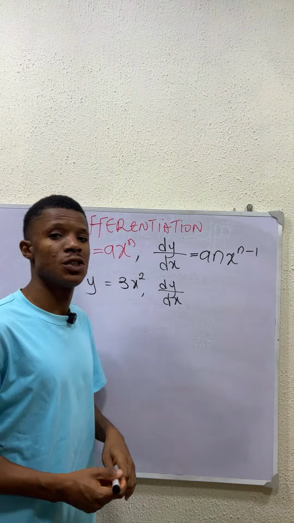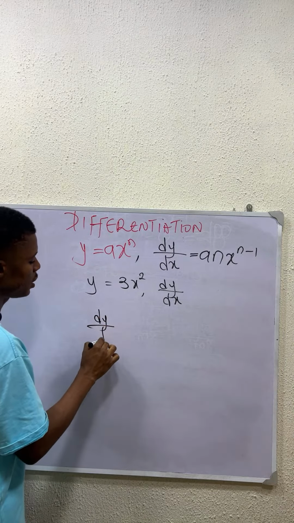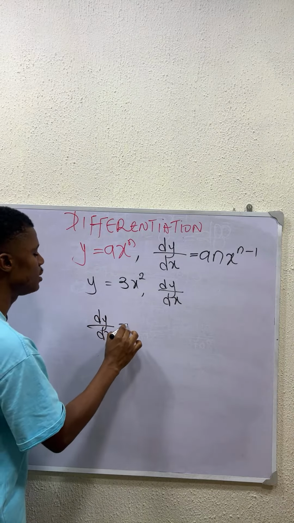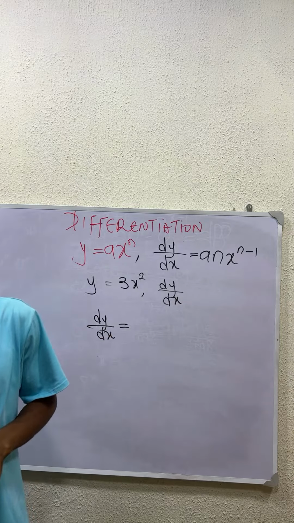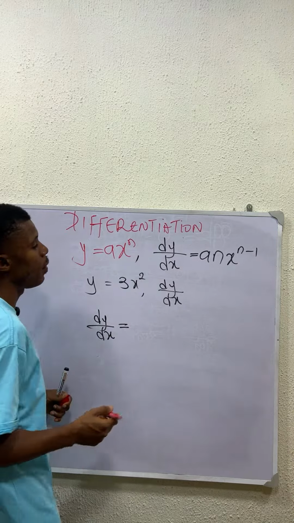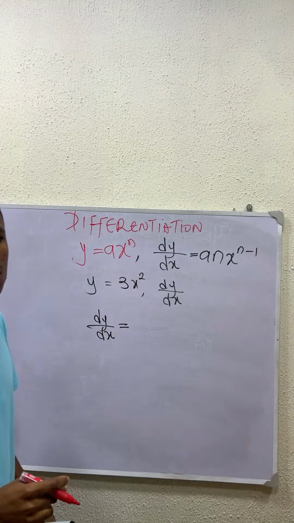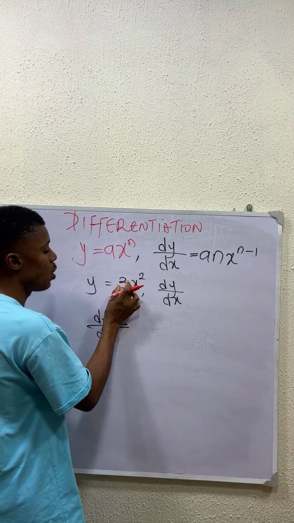Differentiating y with respect to x is dy/dx. So all we have to do is multiply the power n. Here the power is 2. We'll multiply it to the constant.